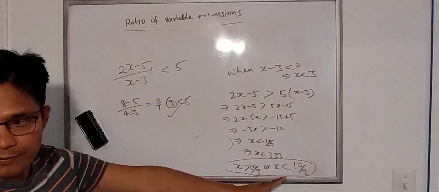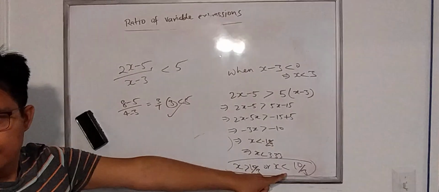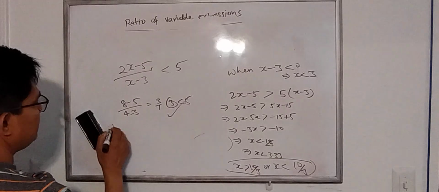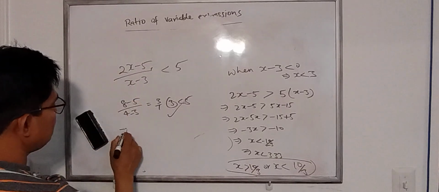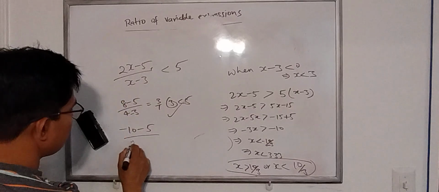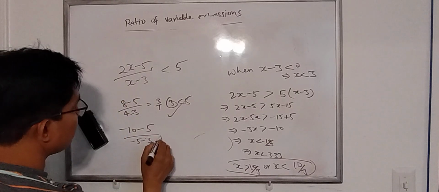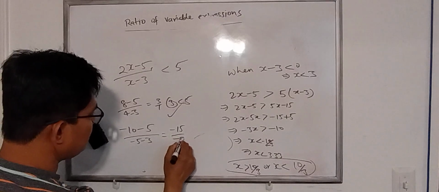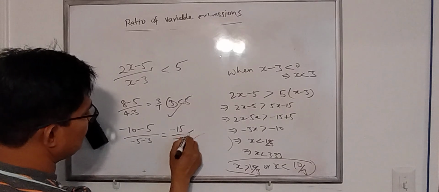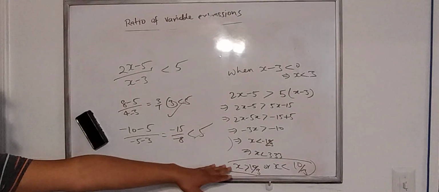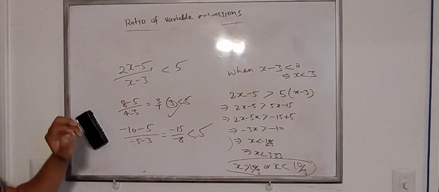So minus 5 times 2 minus 10, divided by minus 5 minus 3. So this became minus 15 and this became minus 8. So which is less than 5. Correct? So both the values are satisfying this inequality.